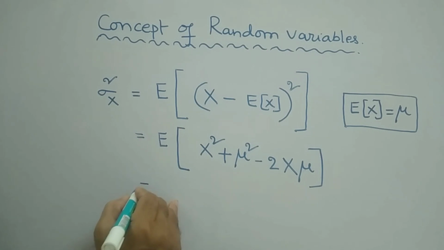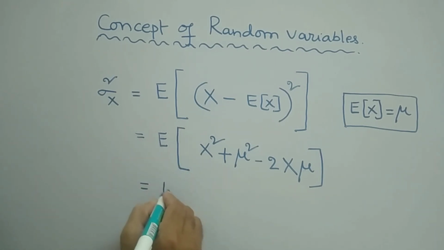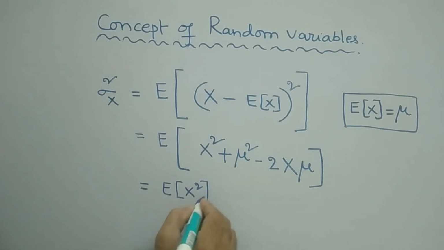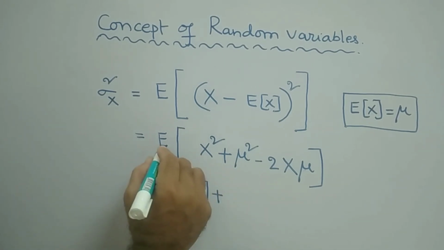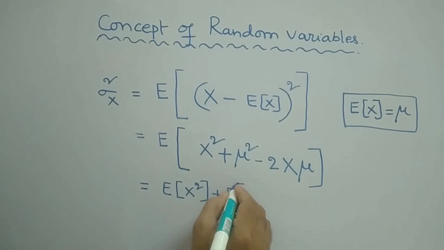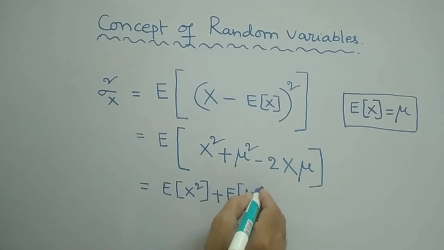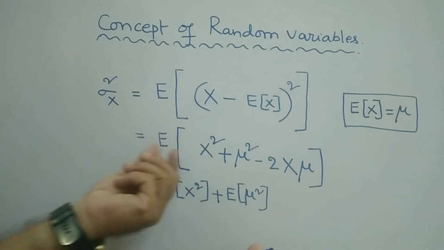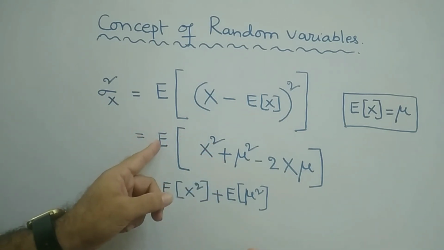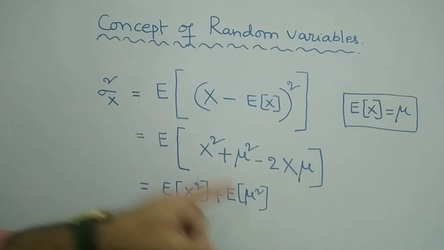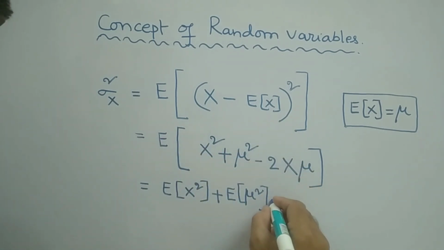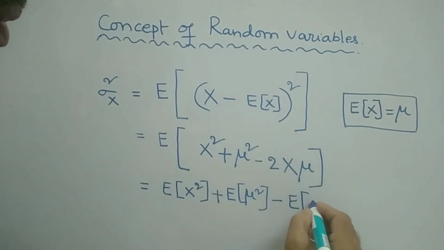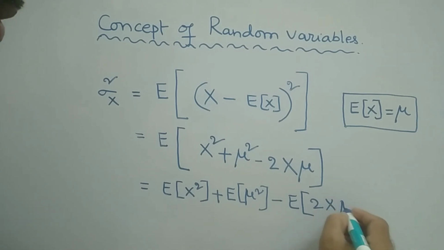So this is nothing but expected of x square, plus expected of mu square, minus expected of 2 times x into mu.